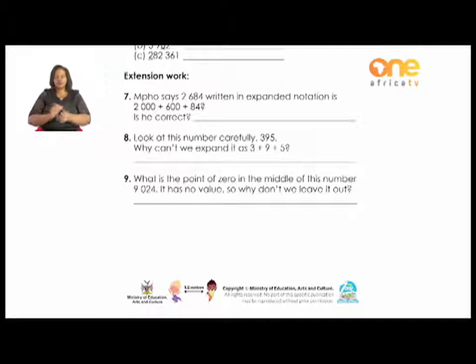And if we go to number 7, we say 2684 written in expanded notation is 2000 plus 600 plus 84. Is it correct?